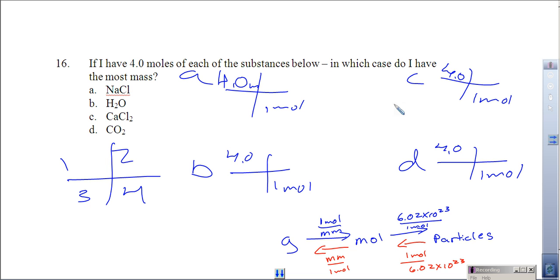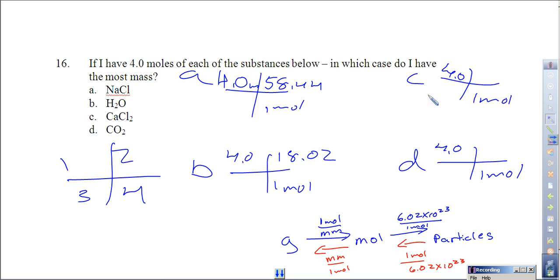All right, so now we're going to put the molar masses in. NaCl is 58.44. Why do I know that? I just do. H2O, everybody should know this one. What is it? 18.02. Good. All right, C, calcium chloride. What do we got for calcium chloride?